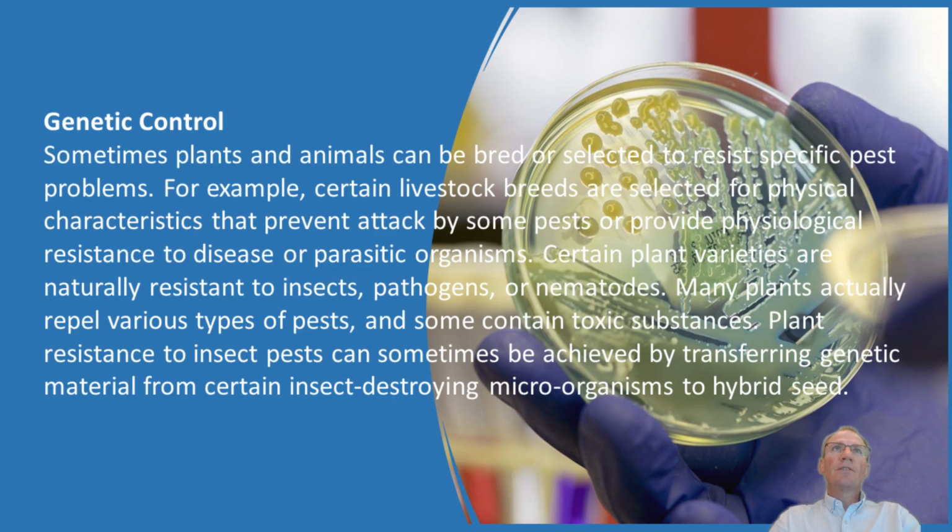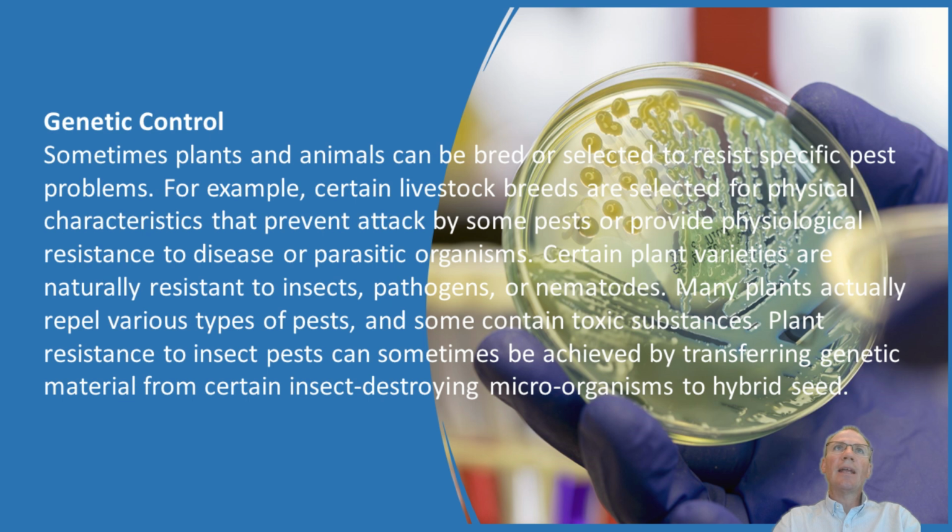Genetic control. Sometimes plants and animals can be bred or selected to resist specific pest problems. For example, certain livestock breeds are selected for physical characteristics that prevent attack by some pests or provide physiological resistance to disease or parasitic organisms.